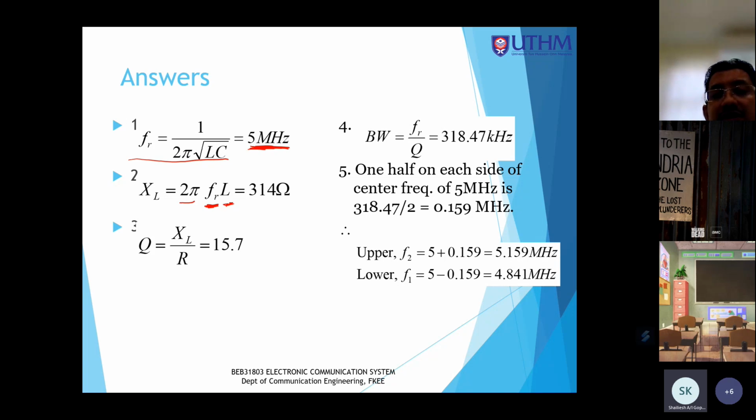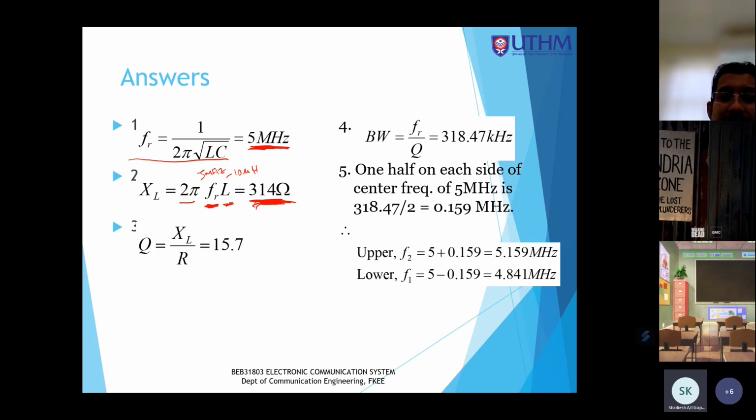Inductor value is a 10 microhenry. So tadi ni di sini 5 mega, F is a 5 mega, L is 10 microhenry. So you akan dapat dalam 314 ohms. So nilainya mungkin tidaklah tepat 314, dia ada perpuluhan. So you can try use your calculator. Okay. So this is the inductive reactance dalam sebutan ohm.